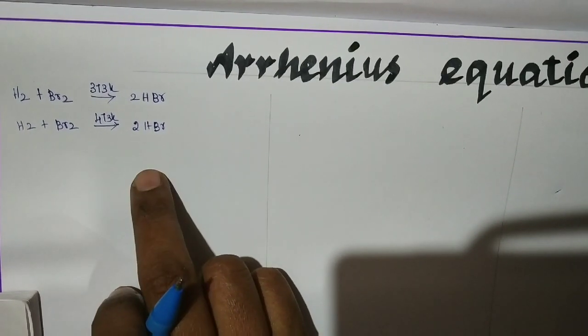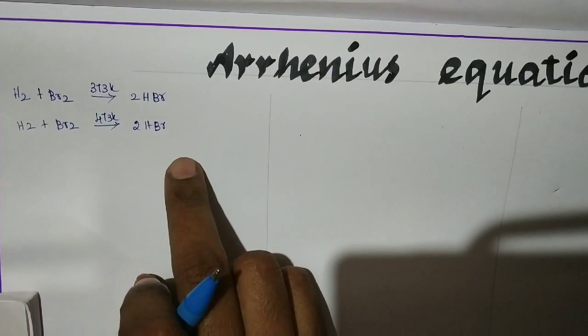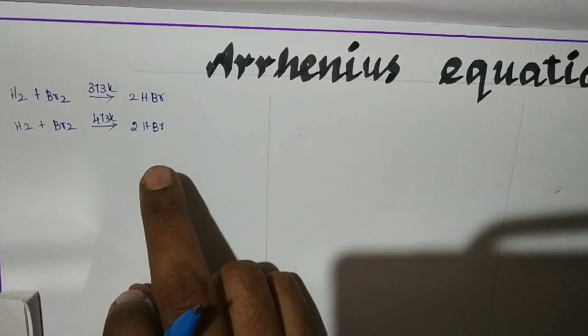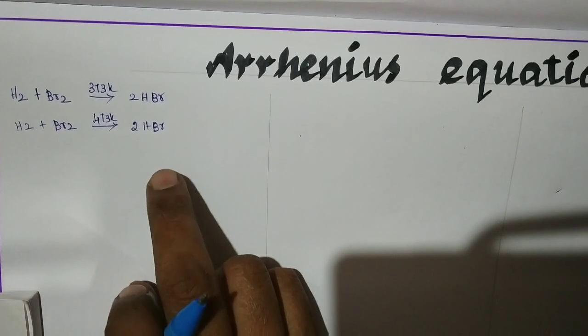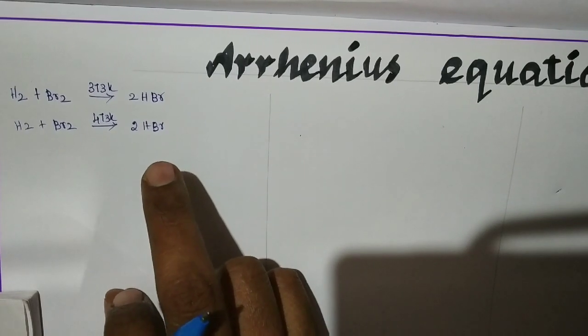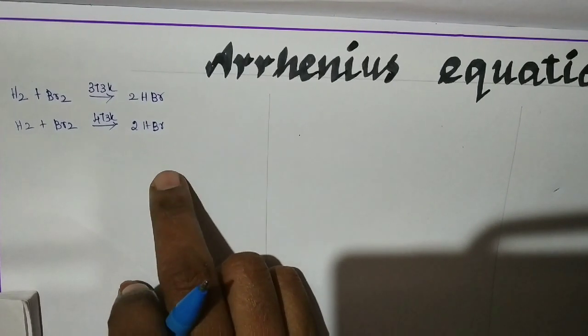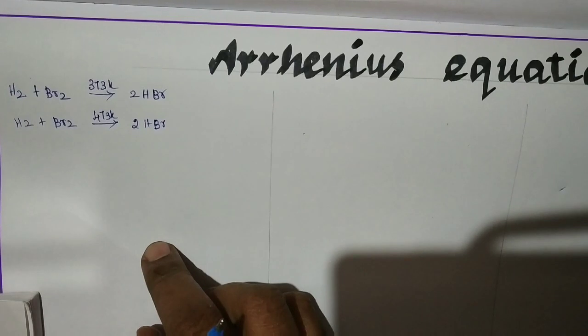For many reactions near room temperature, the reaction rate tends to double when the temperature is increased by 10 degrees Celsius.